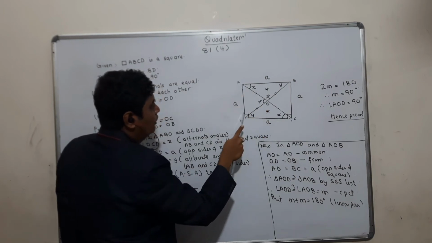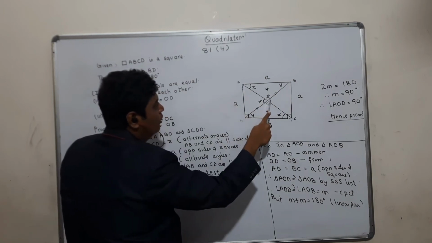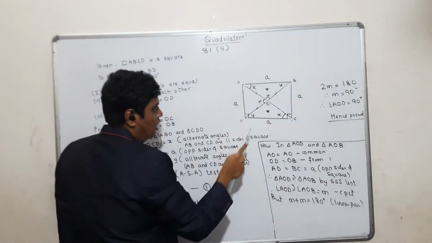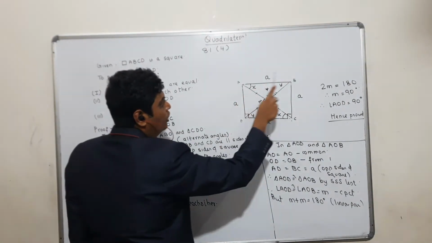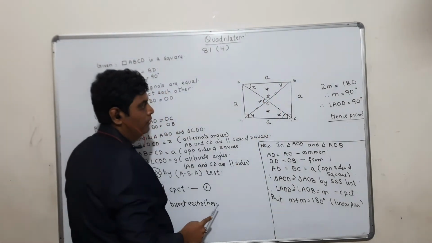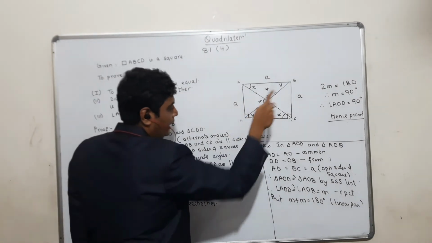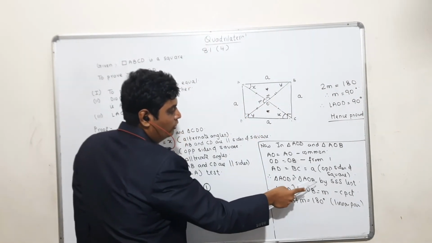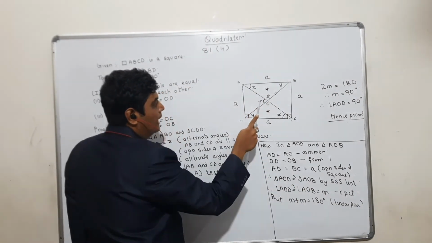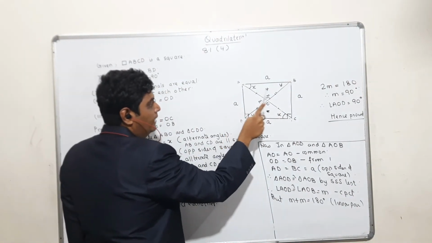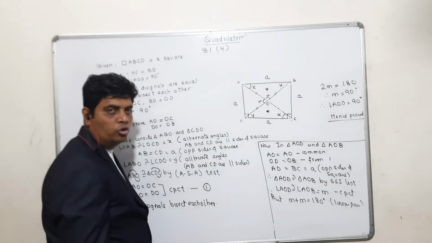So therefore, in triangle AOD and triangle AOB, you have AO is equal to AO, OD is equal to OB. We have proved just now from 1. And AD is equal to AB, sides of a square. So therefore, triangle AOD is congruent to triangle AOB by SSS test of congruence.